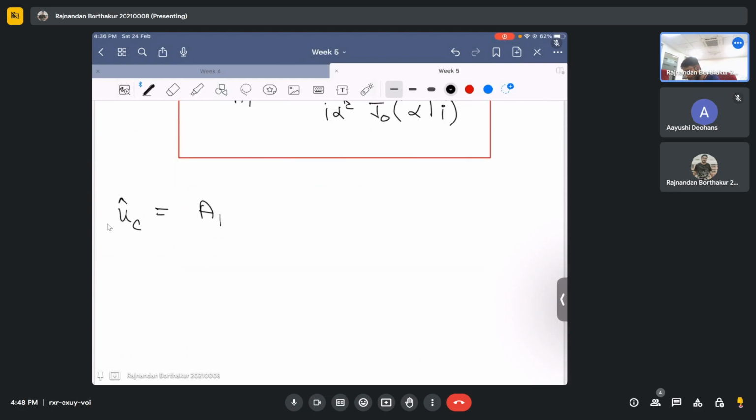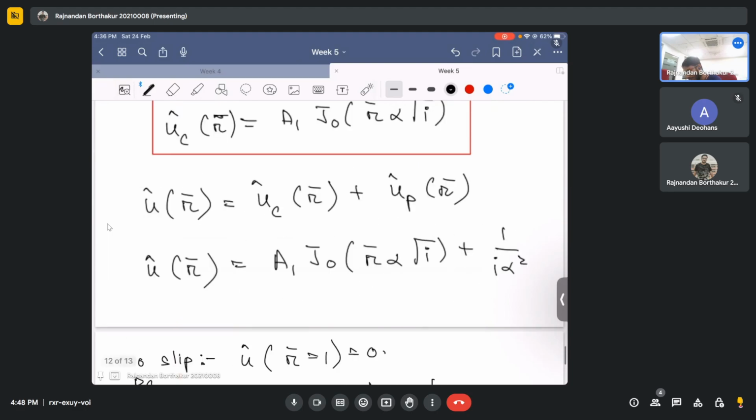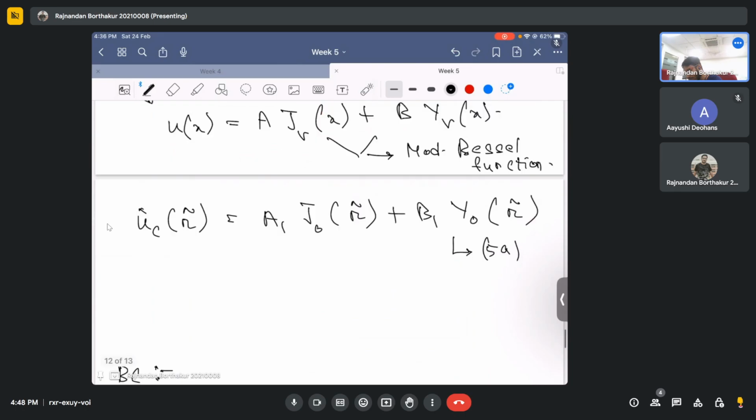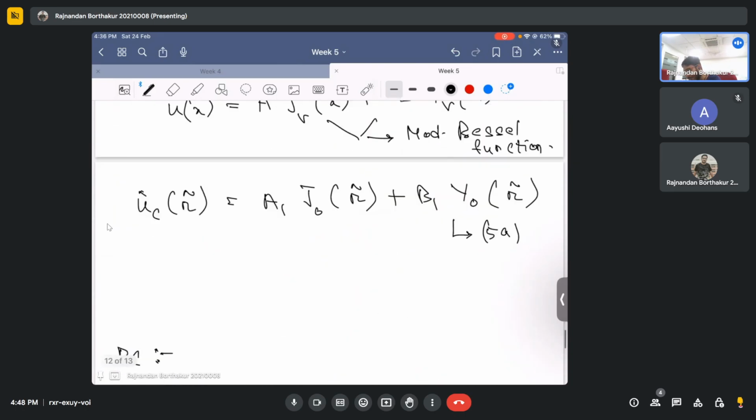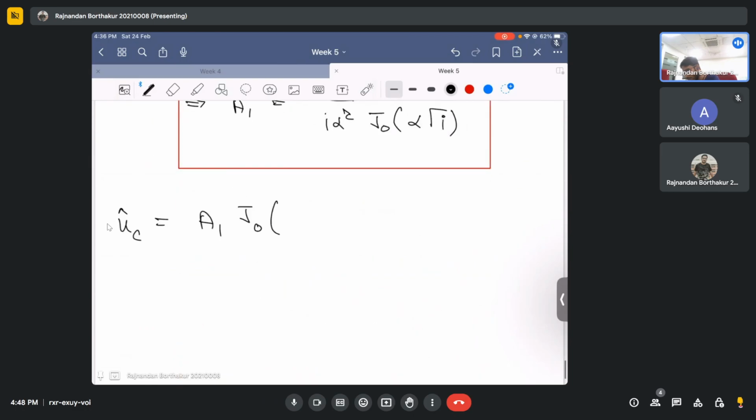So UC hat was A1 times J0 of R tilde, and R tilde is R times alpha root over I, plus B1, and B1 is of course 0, so that we know.